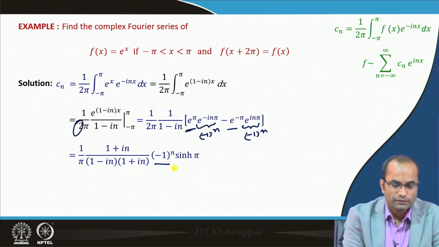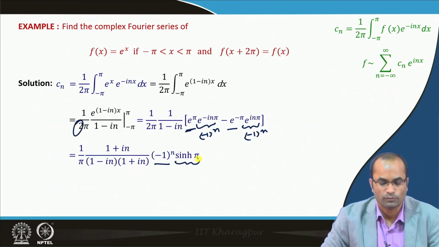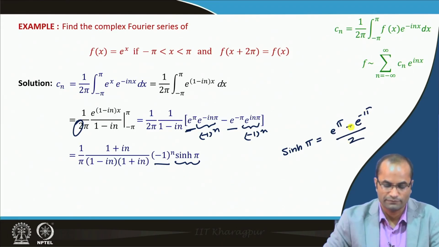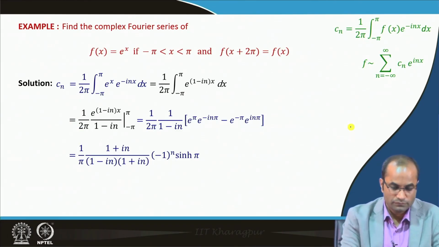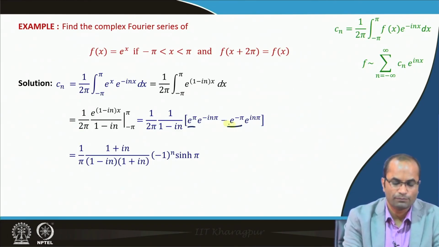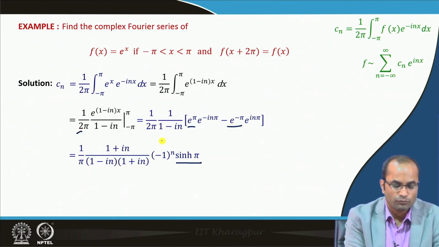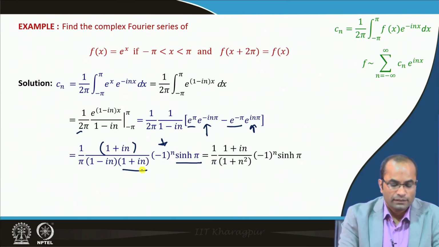With this 2, this is written as sinh pi. So, sinh pi as per the definition is (e^pi - e^(-pi)) divided by 2. For the cosh we have the plus sign there. So, this (e^pi - e^(-pi)) divided by 2 is replaced with sinh. (-1)^n is for this e^(inpi), and then the rest we have multiplied by 1 plus in and also divided by 1 plus in.